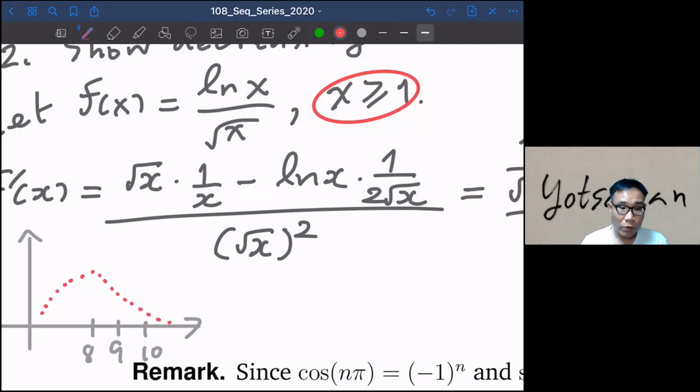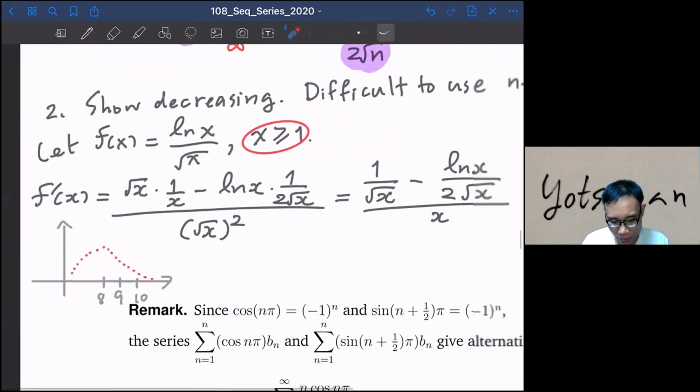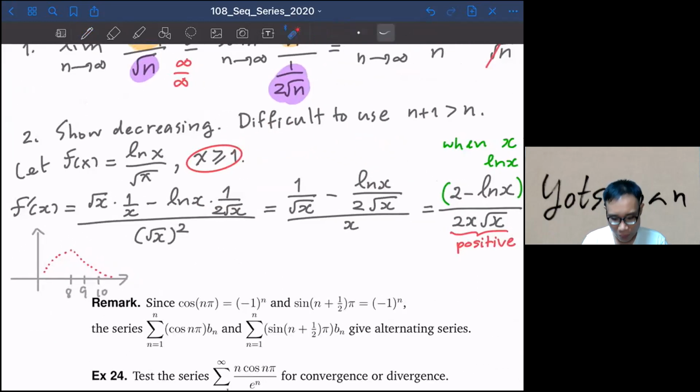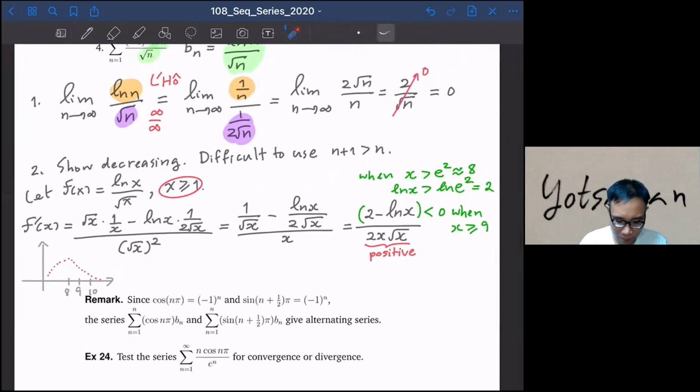The first 8 terms may look like increasing, and the rest of the terms after 8 turn out to be decreasing. This is good enough to say the sequence is decreasing.